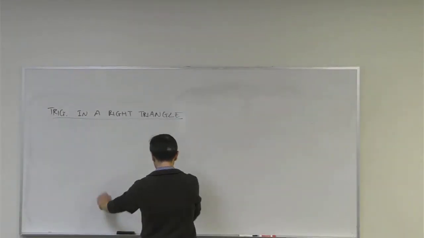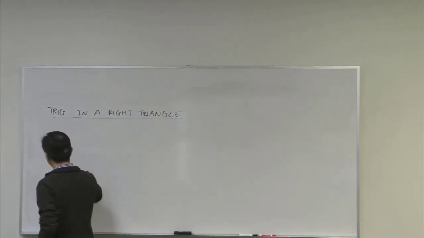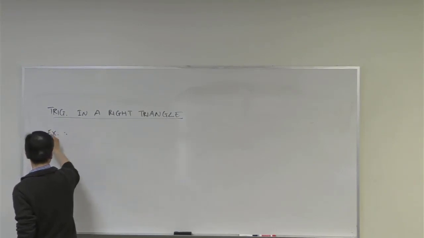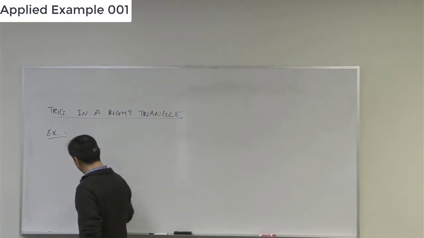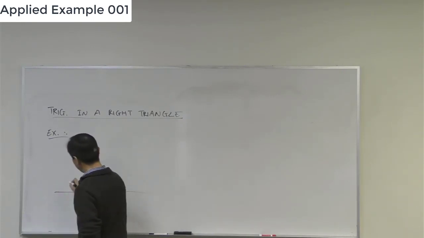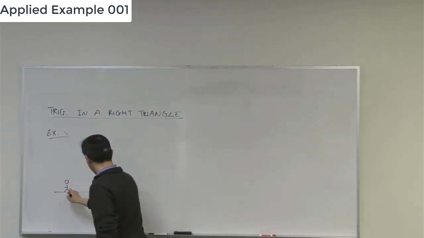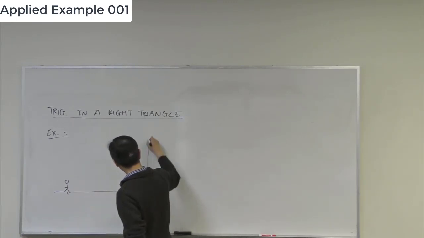All right, let's do some more applied examples here so that you can get more experience. So let's look at an example like this. And these examples, I'm not going to number them because they're just independent examples again. So how about instead of wording it, allow me to describe something like this. Let's say there's a man standing on the ground right here, right? From where he is, you can measure the distance to a flagpole here.